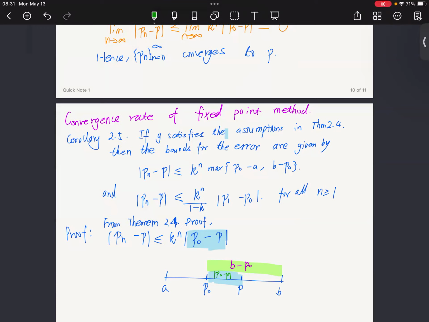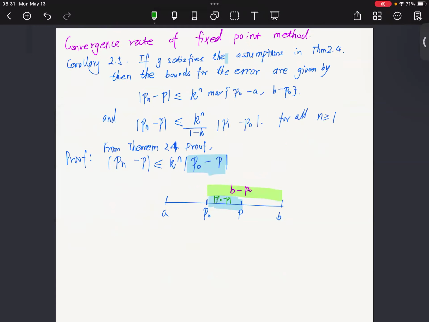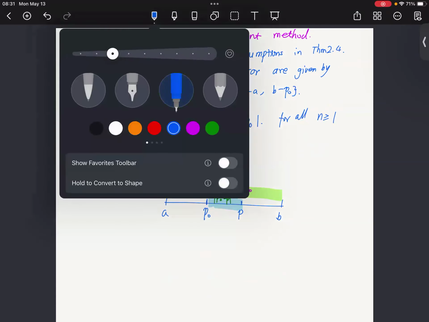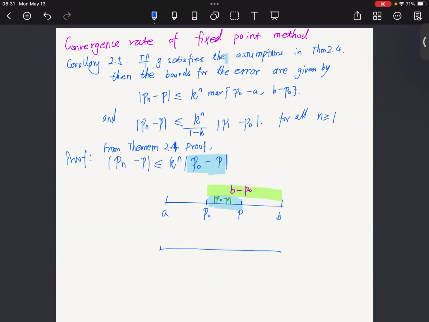And there's another case, where P0 is getting closer to B, but maybe P is here.